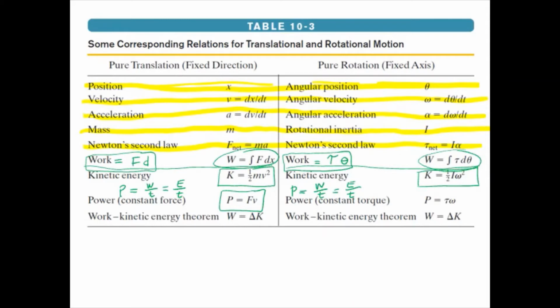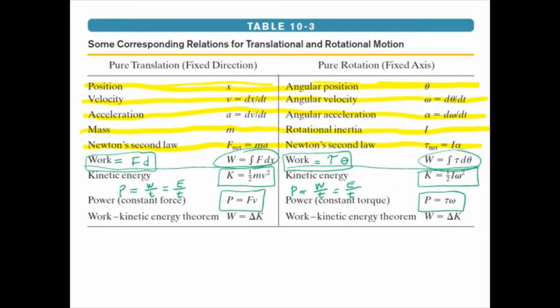Sometimes you could just take the force times the velocity, the dot product of those. And so we could also write, in place of force we use torque, in place of v we use omega, we could also write the power for a constant torque situation as torque times omega, where omega is the angular velocity the object's spinning with.